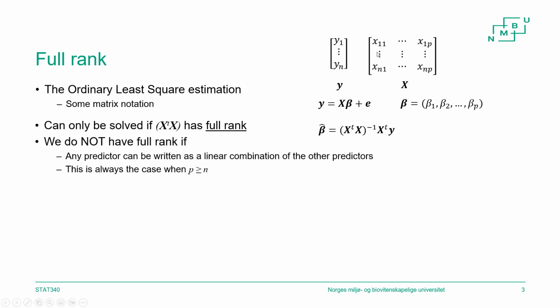I see them all the time, where we have thousands of columns, but only perhaps some tens or 100 rows in our data sets. Because collecting new rows is expensive, but collecting many variables is cheap. So that is one way we can arrive at such a problem.